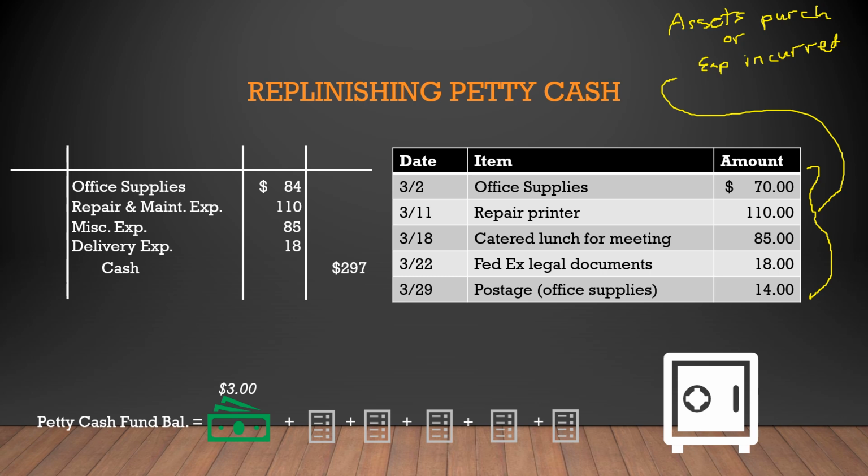Remember, our credit to cash represents the money we're taking out of the bank to put in the box. The $297 is the difference between our petty cash fund balance of $300 and the actual amount of cash in the box.